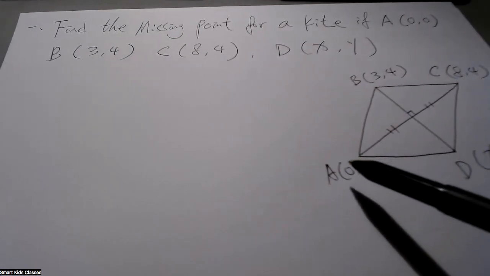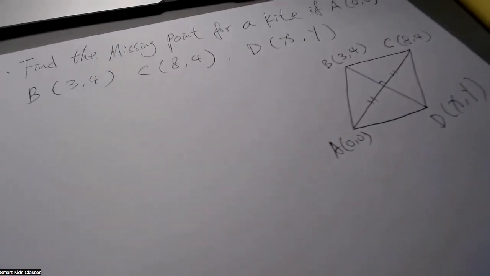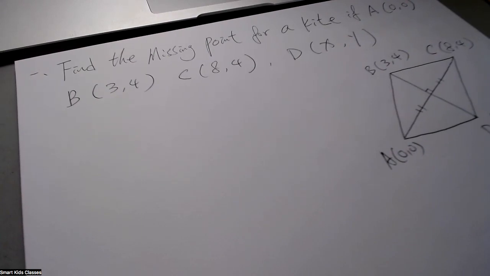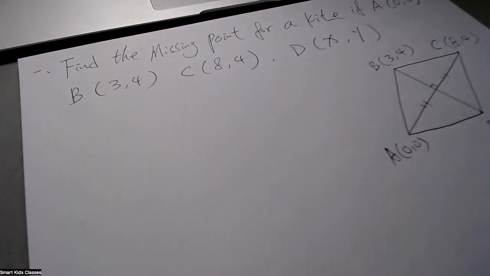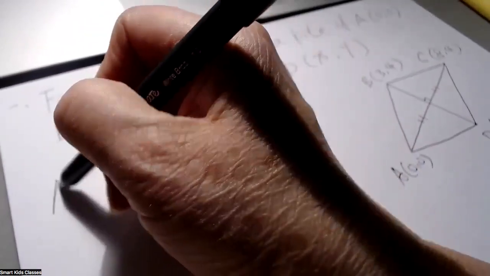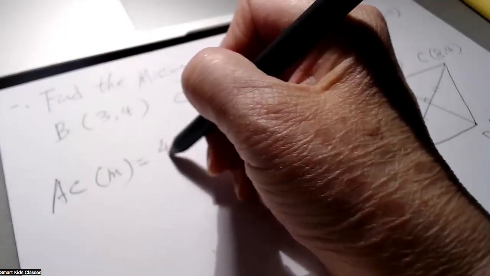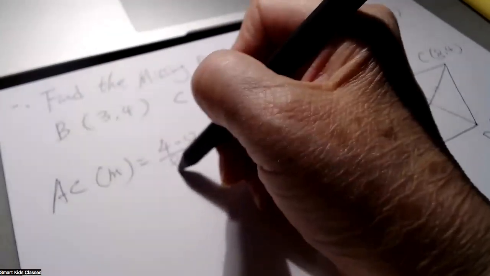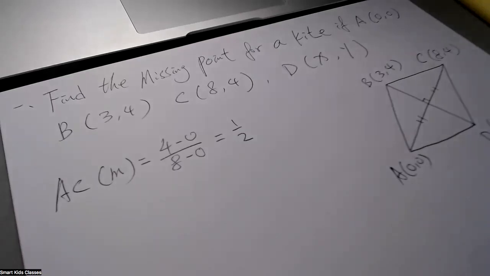Let's find the first diagonal, the slope for AC. So AC slope is equal to 4 minus 0 over A minus 0, which is equal to 1 over 2.